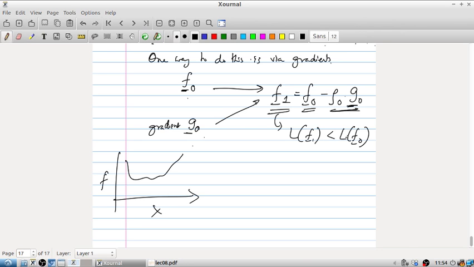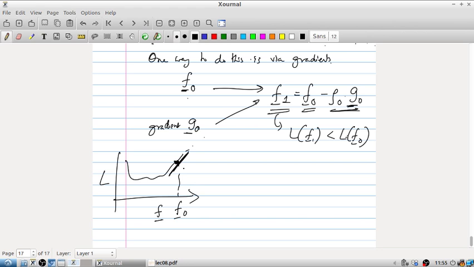Let's say I started from here, this is f of x naught. If I take the gradient there, the gradient is just like a hyperplane, or a line segment, which is the first derivative of the function at that point.